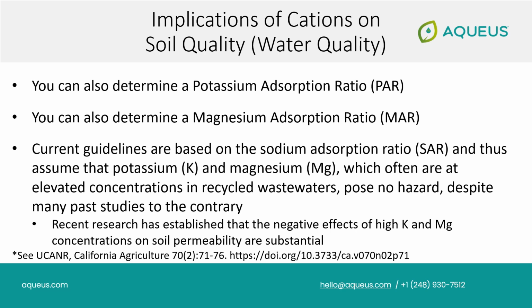Most of the time we just look at the SAR and assume potassium and magnesium are not a problem, even though they may be, especially in reclaimed water. I just want to make you aware that they do influence soil quality and water quality, even though we focus on SAR and the overall salinity or EC.